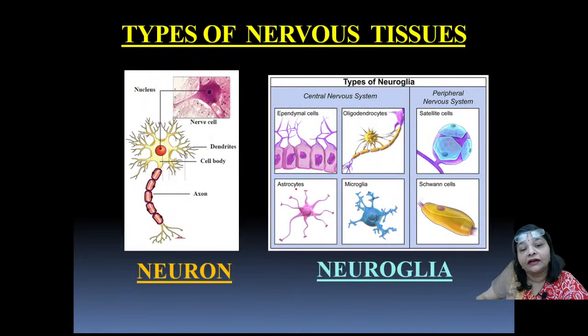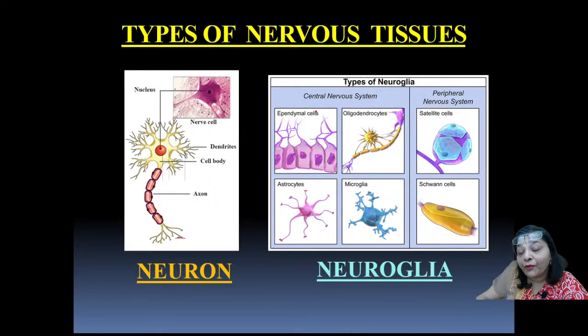Whereas we also saw the nervous tissues, which help us to respond to the stimuli from the surrounding environment. So there are two different types of nervous tissue. One is the neuron that helps to respond to the stimulus by transferring the stimulus from one neuron to the other neuron, and they form a part of the brain, the central nervous system, the peripheral nervous system, and the autonomous nervous system.